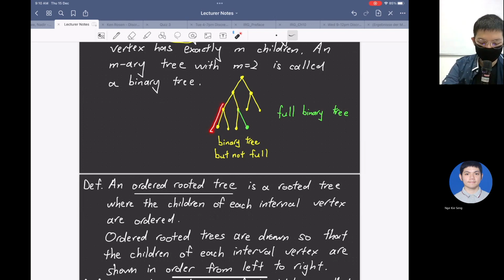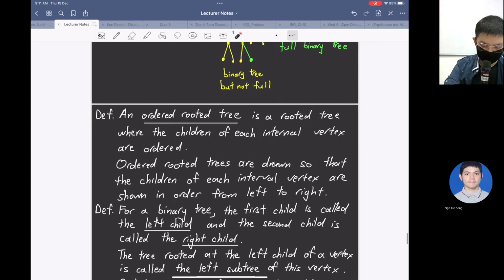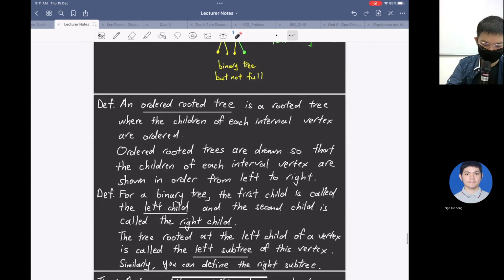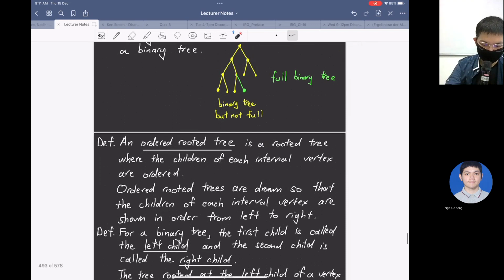If there's a subtree having the left child as a root, we call it a left subtree. If there's a subtree having the right child as a root, we call it the right subtree. So: left child, left subtree, and right subtree.